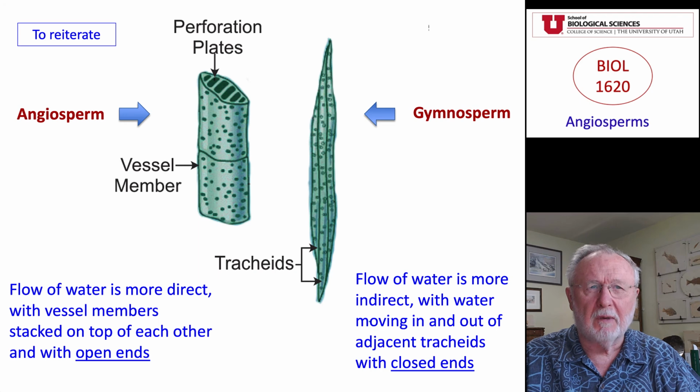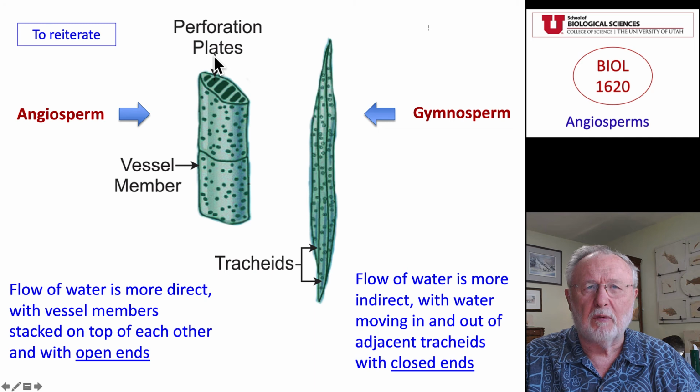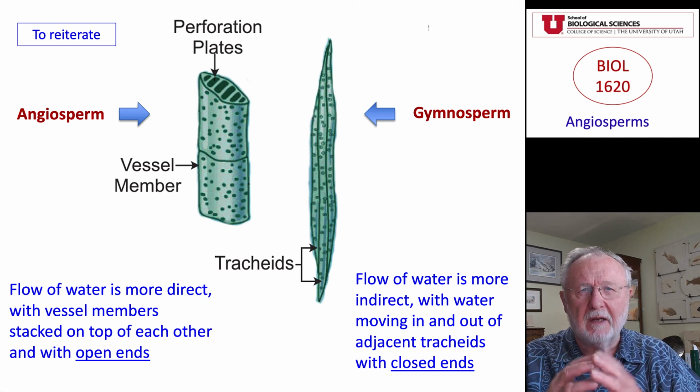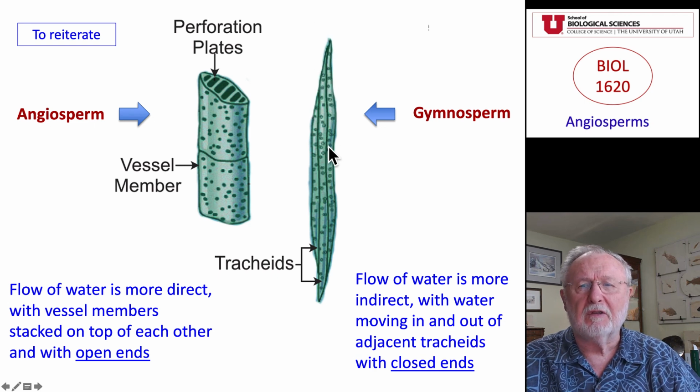So just to reiterate, the evolutionary advantage of angiosperms is that the vessel element or vessel member allows for faster water transport. Not only are they open-ended, but they're wider. Whereas in the tracheid, we have closed-end and smaller cells, resulting in a lower water flux through the xylem cells of gymnosperms.